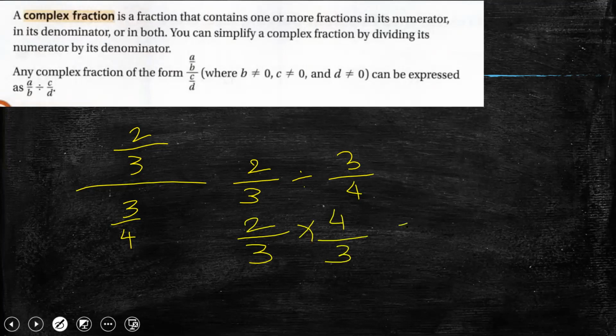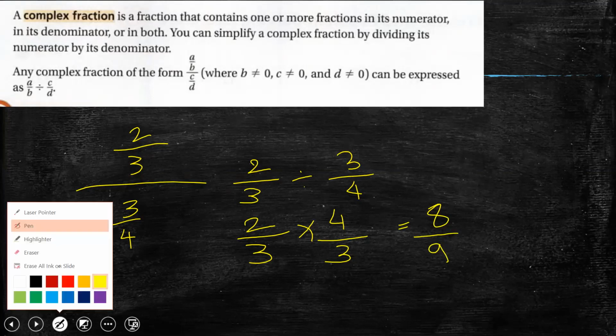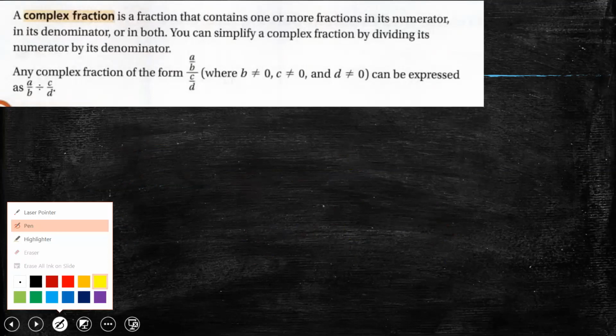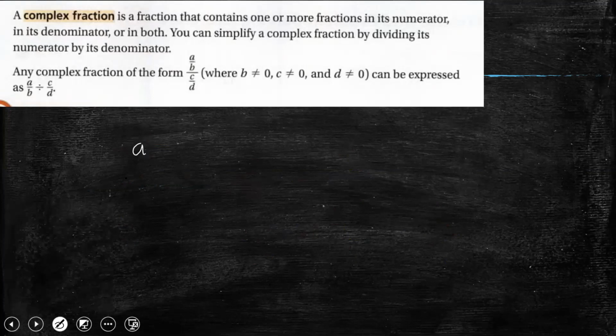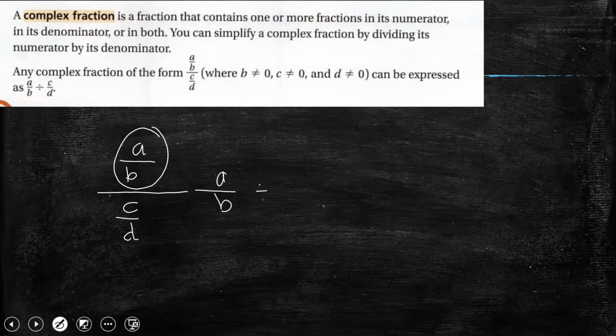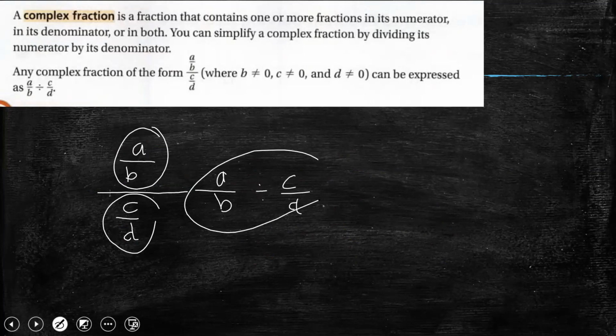After you multiply them, 2 times 4 is 8/9. So in letters, if you have A over B over C over D, that means you have to divide A over B by C over D. The fraction bar means divide.